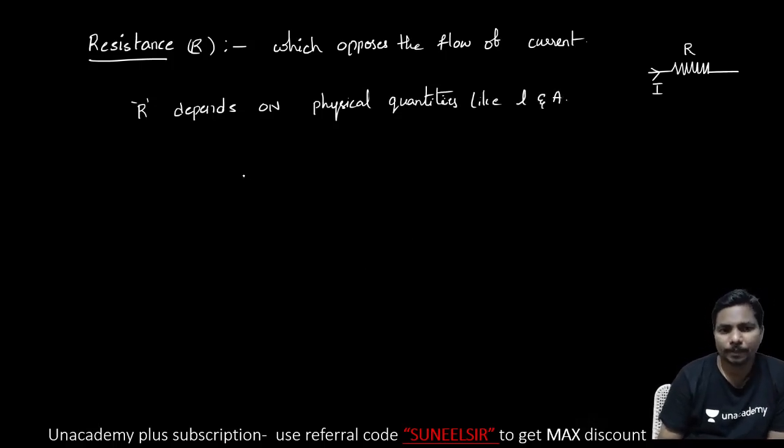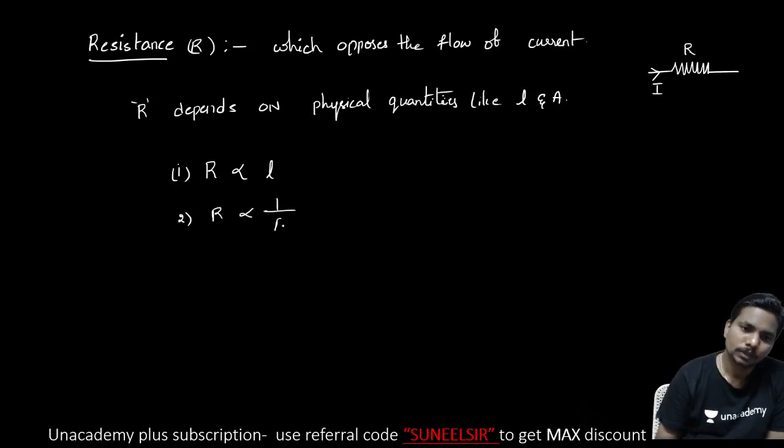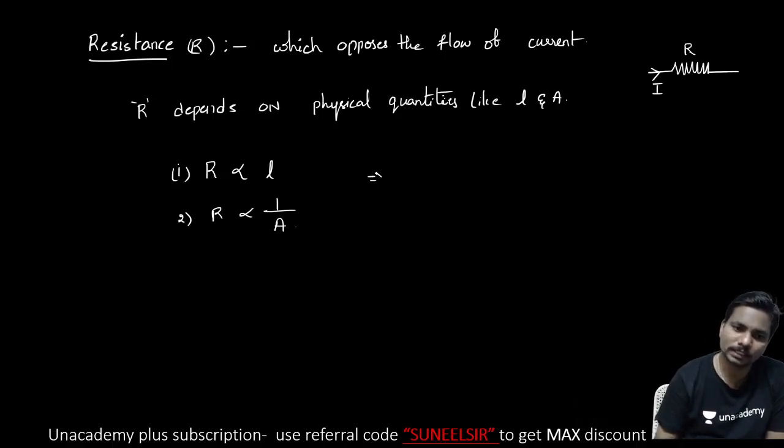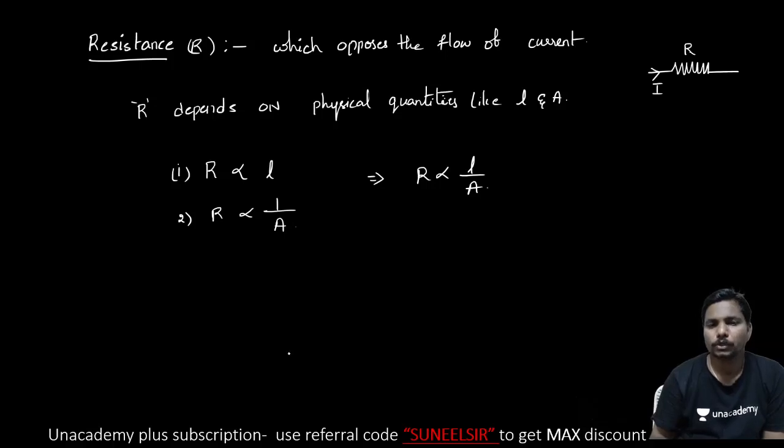How does it depend? Resistance is directly proportional to the length of the wire. That means if the length of the wire is more, the resistance is also high. Second, resistance is inversely proportional to the area of the conductor. So from this we can say R is proportional to L by A.